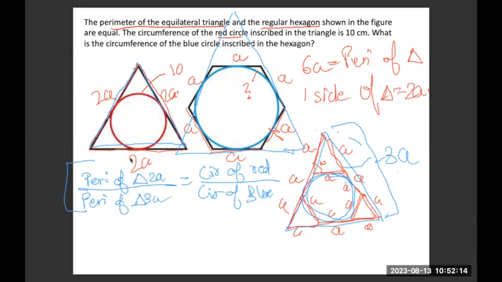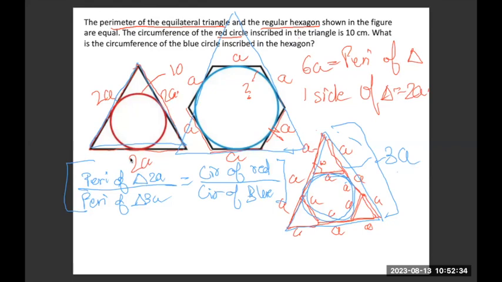How did this formula come? Because they both are equilateral triangles and there's a circle inscribed in them. The geometry is the same, basically. It's just their sides are different. Their proportioning is different. One has 2A side and one has 3A side.